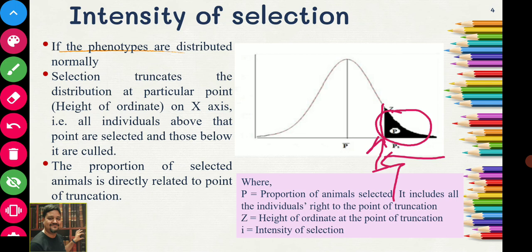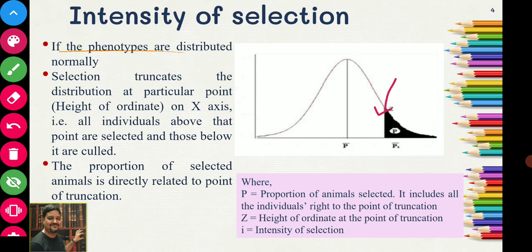All the animals lying beyond this point are known as the proportion of individuals, and this point is called the point of truncation.